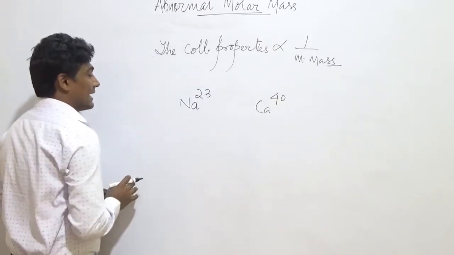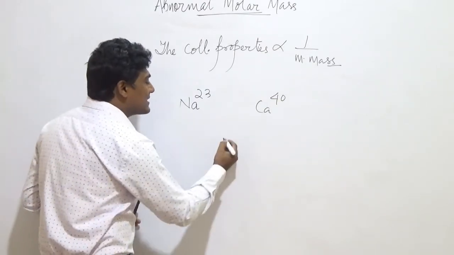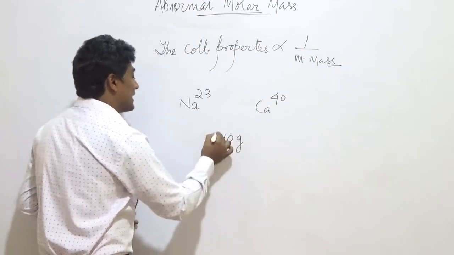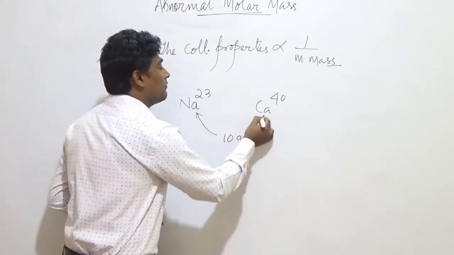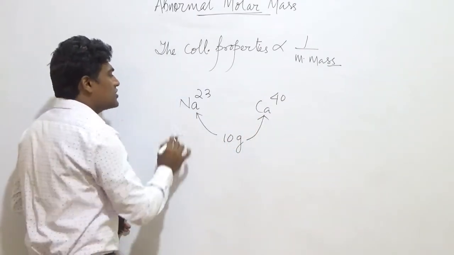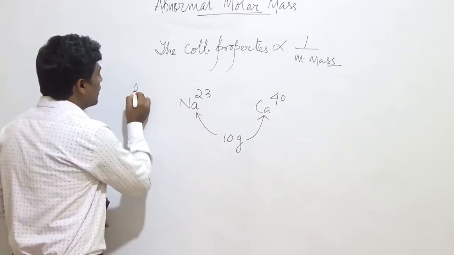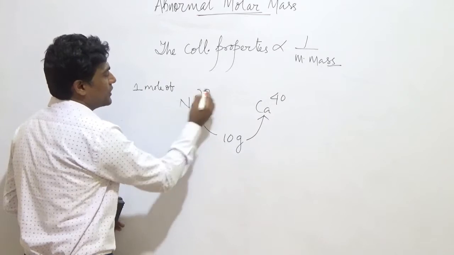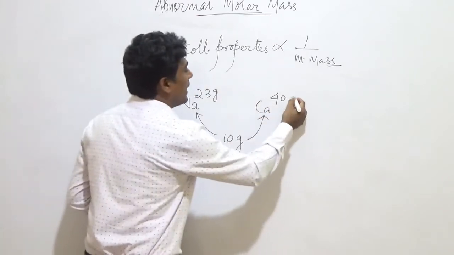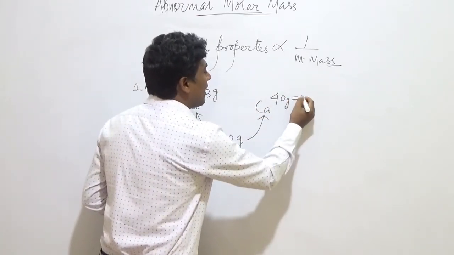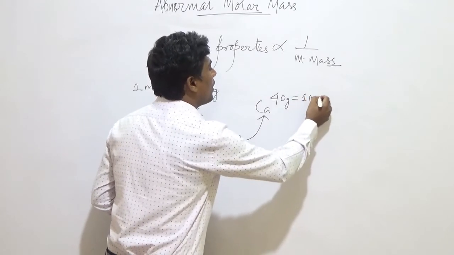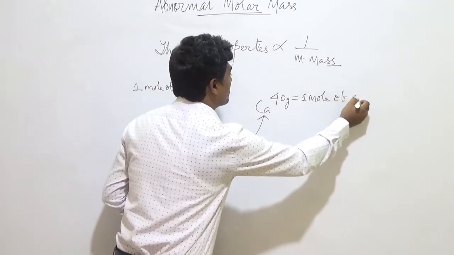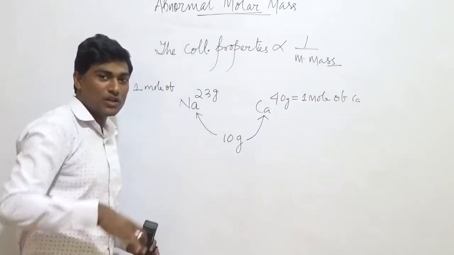Let us take 10 gram of each. As you know, 1 mole of sodium is equal to 23 gram, and 40 gram is 1 mole of calcium, from the mole concept.